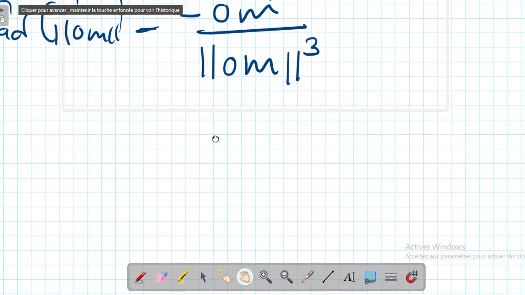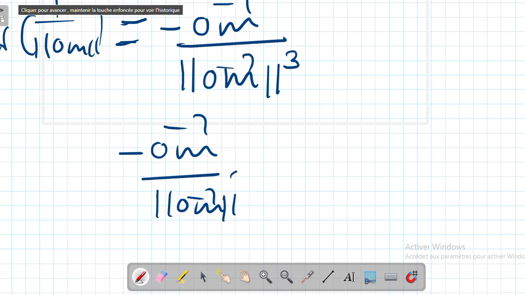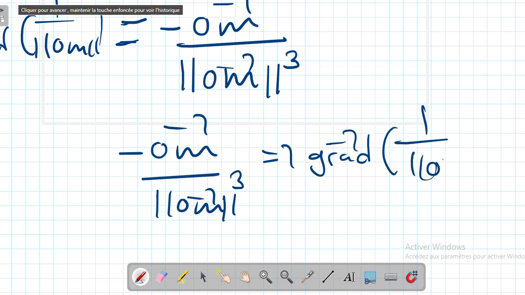Whenever you have a vector divided by its magnitude to the power 3, you know that this is the gradient. The gradient of this is the gradient of 1 over OM in general. This is what you're supposed to know.